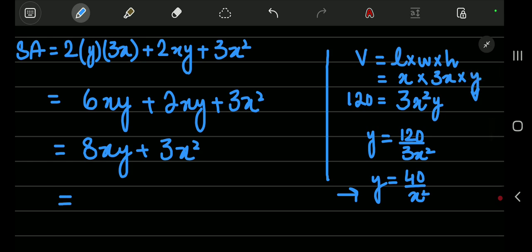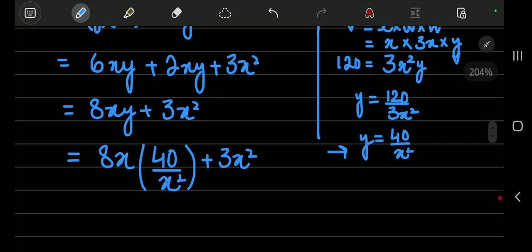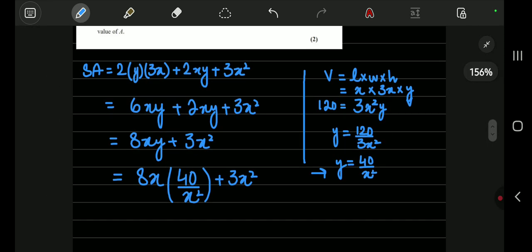So 8x times 40 over x square plus 3x square, and that will give you 320.